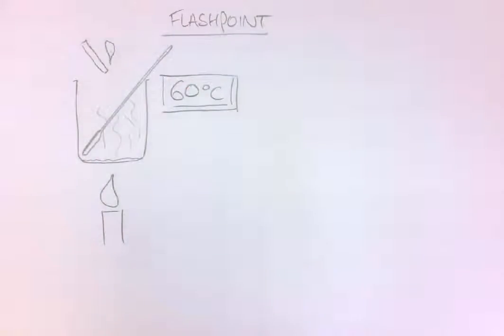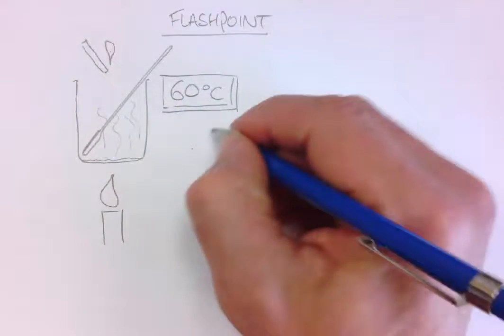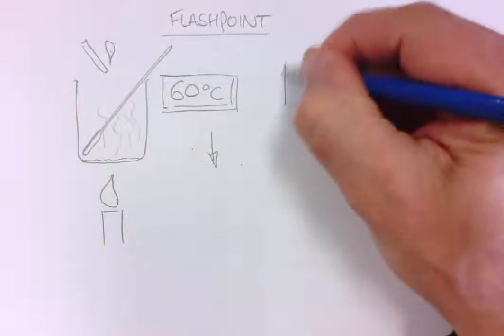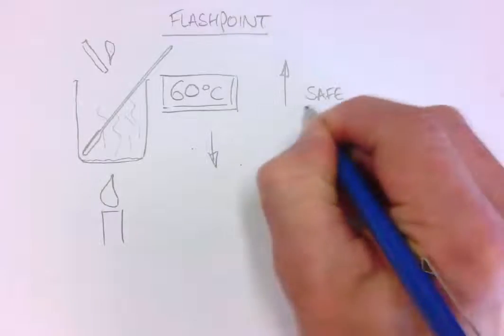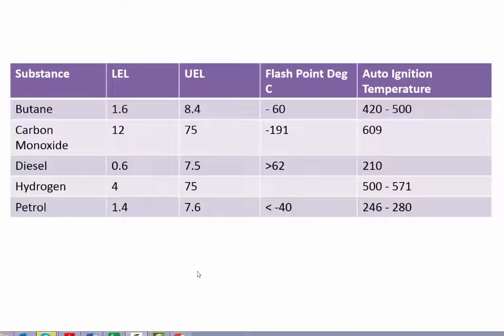So a fuel with a flash point less than 60 degrees is considered volatile. If it's 60 degrees or over, then it's considered to be more safe to use as a source of fuel. So this table, we have some products here, and we have their flash point in degrees Celsius.